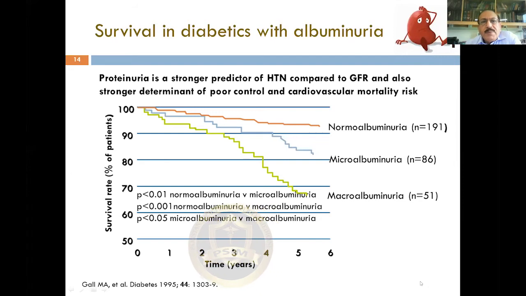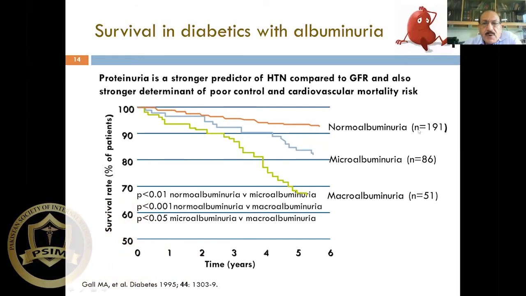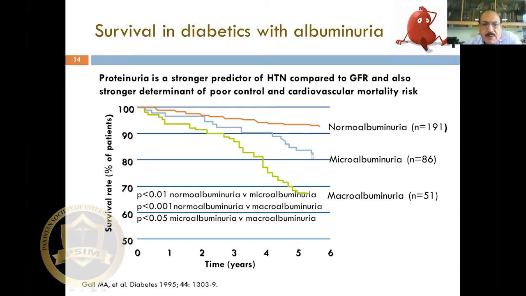Now, what is the role of albuminuria? These Kaplan-Meier graphs, if you look at the survival in normoalbuminuric patients, it's a lot better. It is worse in the microalbuminuric patients, and it is much worse in patients who have macroalbuminuria.